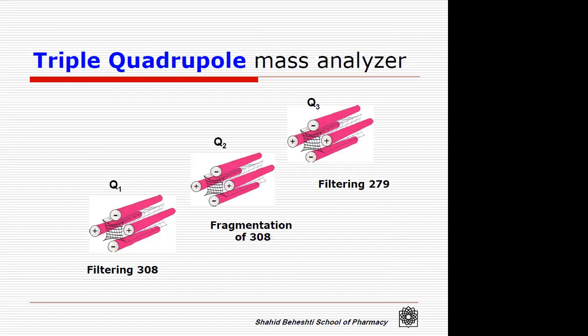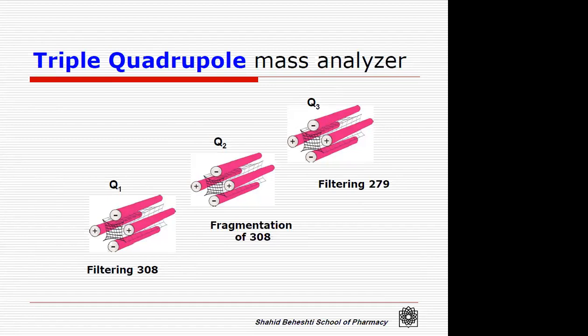This is something that mass does, that it only lets a certain molecular weight pass through the quadrupole. So let's say the Q1 is adjusted so that it could pass those molecules which have the molecular weight of 308, and it would filter and delete all the other masses.